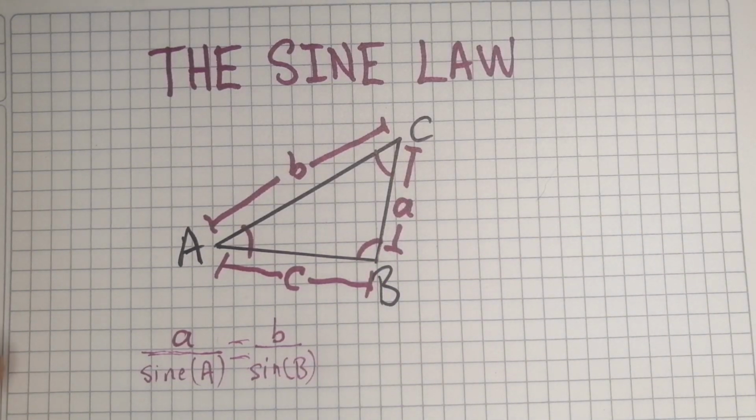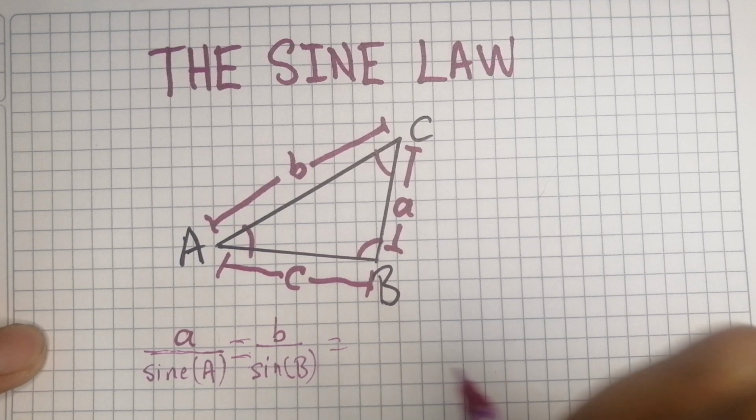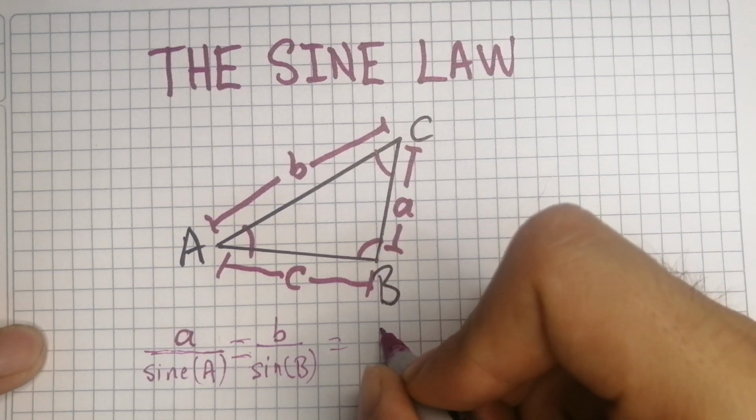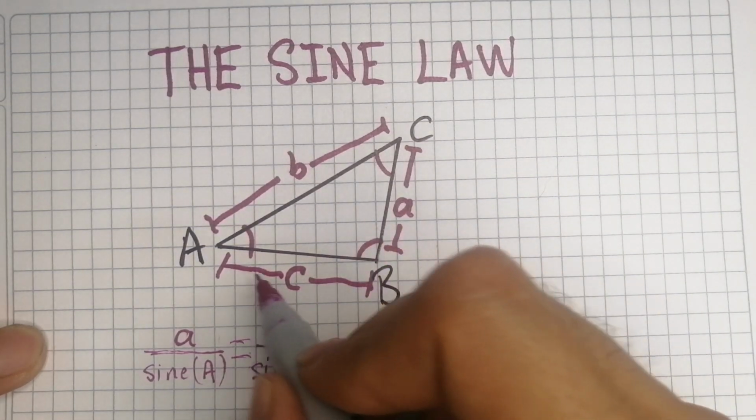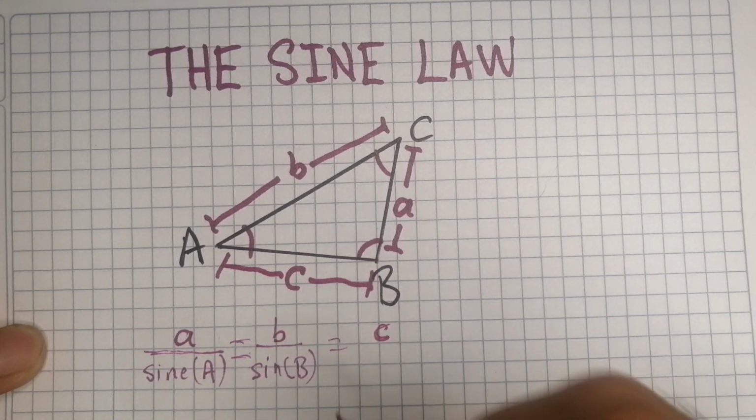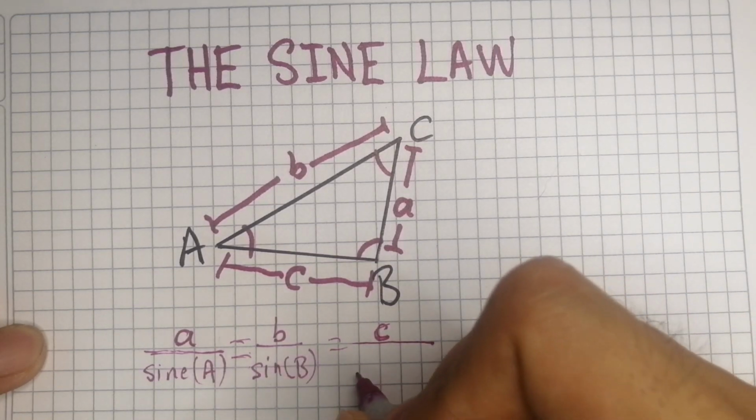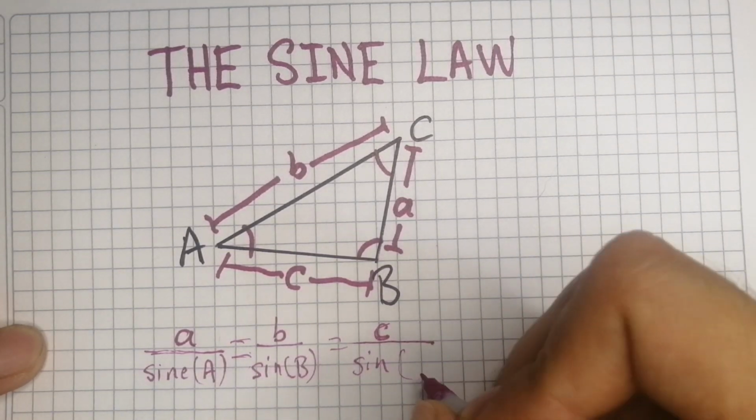And then this is exactly the same as the value of the side lowercase c, this one here that we have down here, divided by the sine of the angle C.